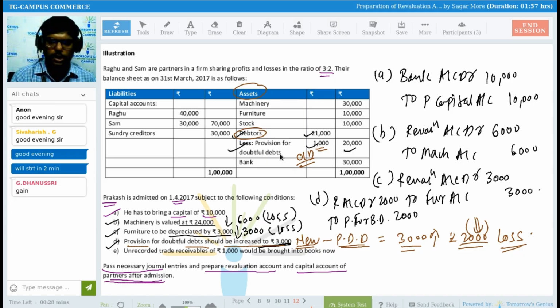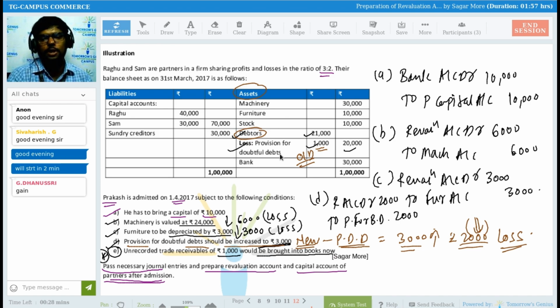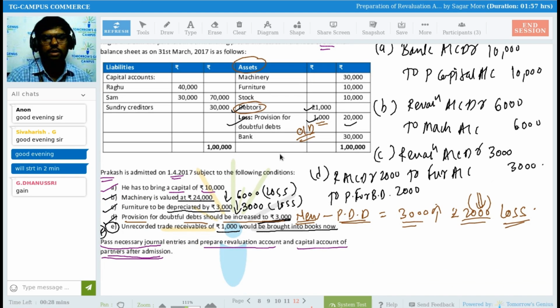Yes, sir. Okay. Now E part is there, and it is slightly different and important, right? Listen carefully. Unrecorded trade receivable of rupees 1,000 would be brought into the books now. Can anyone tell me the meaning of this line? Trade receivable is nothing but your debtors.